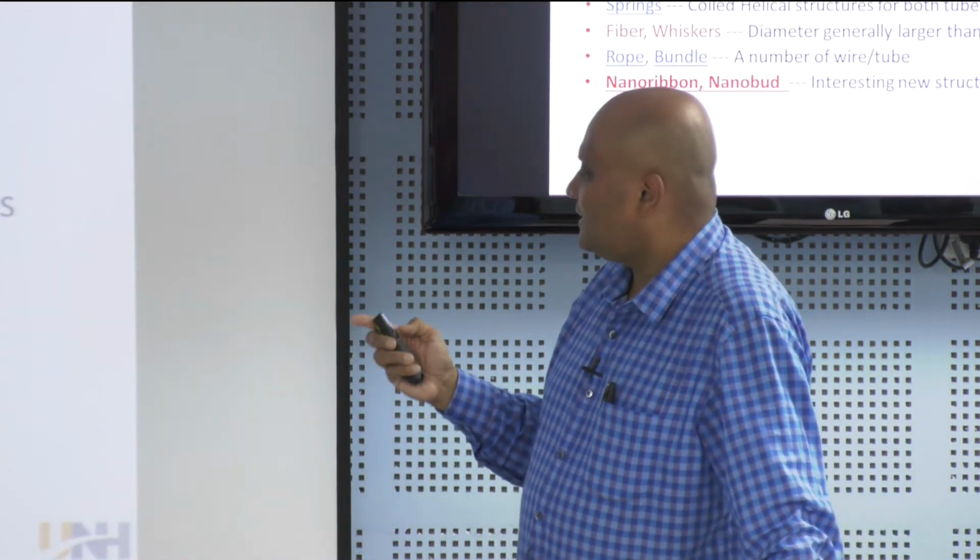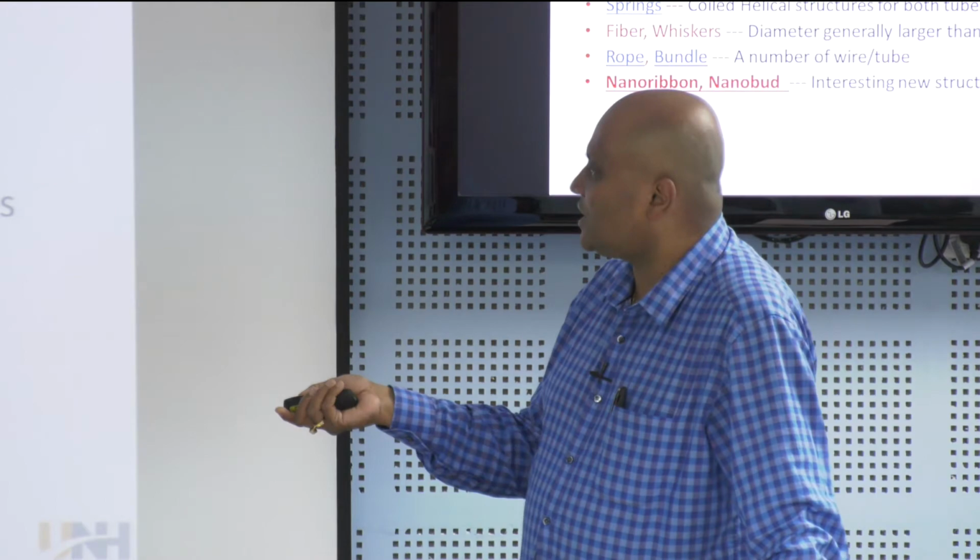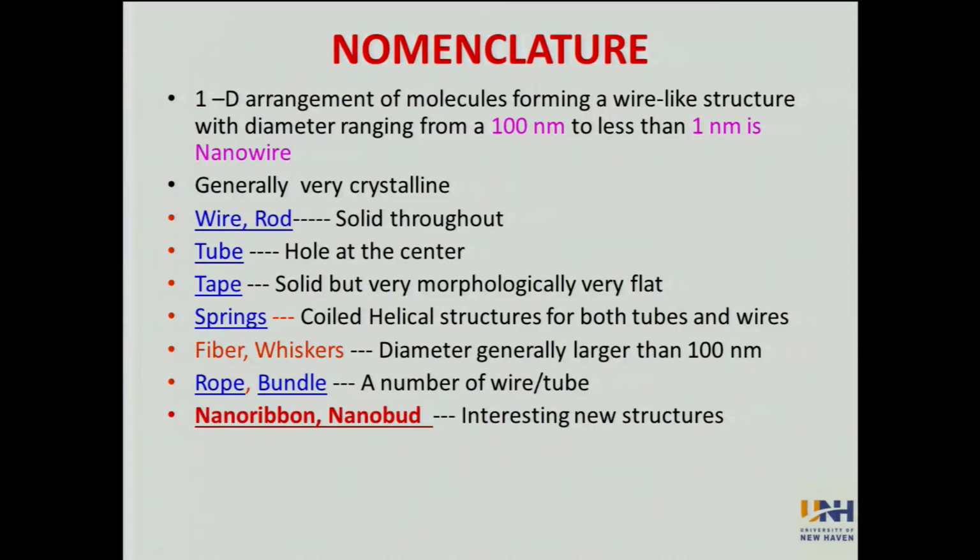Then there are some interesting new structures which were found, known as nano bud. What is nano bud? This is the place I told you there was a big issue of making contacts from nanomaterials to real electrical circuits, because nanomaterials are so thin. So, that is where nano bud comes into the picture. It is like an anchor.